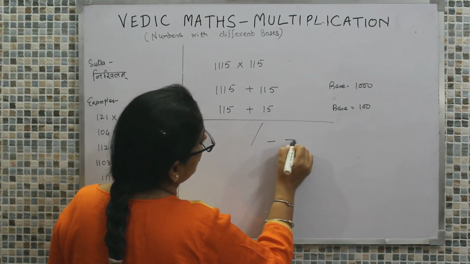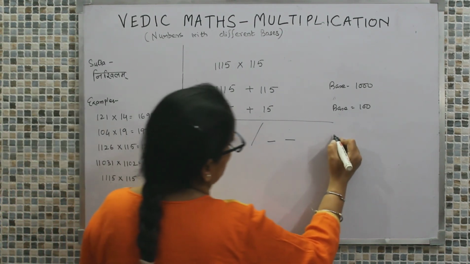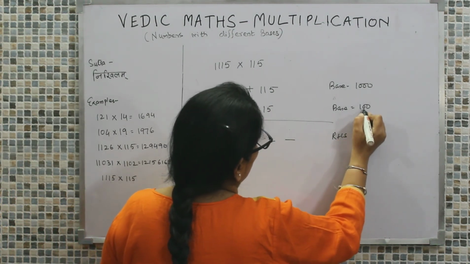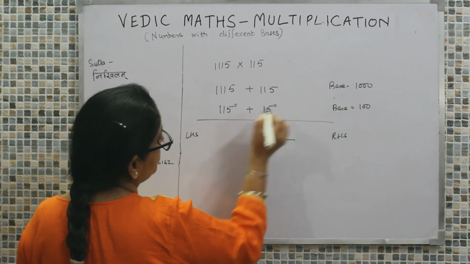Number of places in the RHS will be 2. We have the LHS and the RHS. Okay, ratio will be 10. Append a small 0.